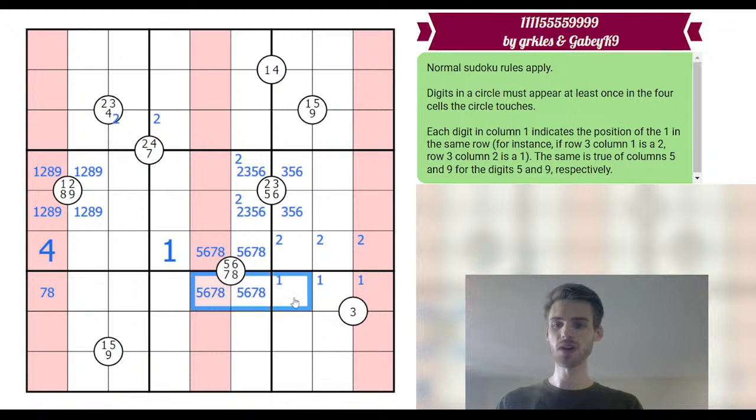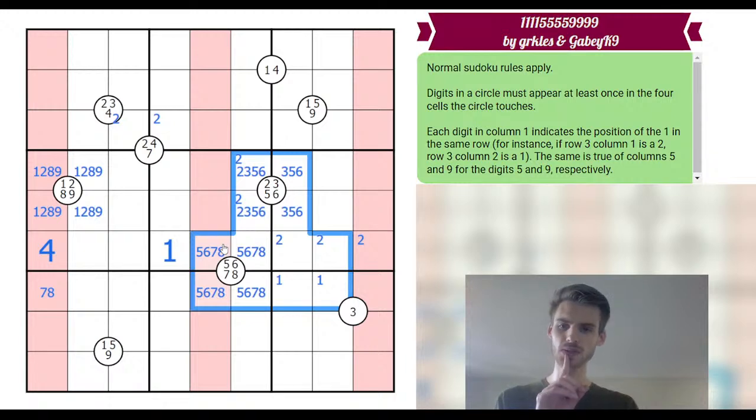We know that the 5 in both of these rows is in these 4 cells because these are 5, 6, 7, and 8. Actually, we know that this is not a 1 because of this 7, 8. So the 5 is in here, and that's a little bit interesting with the 5 here. Is that interesting?